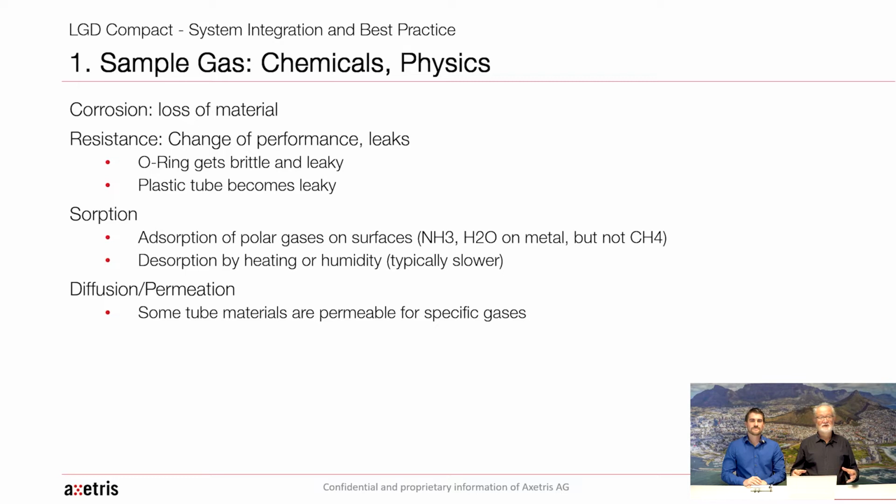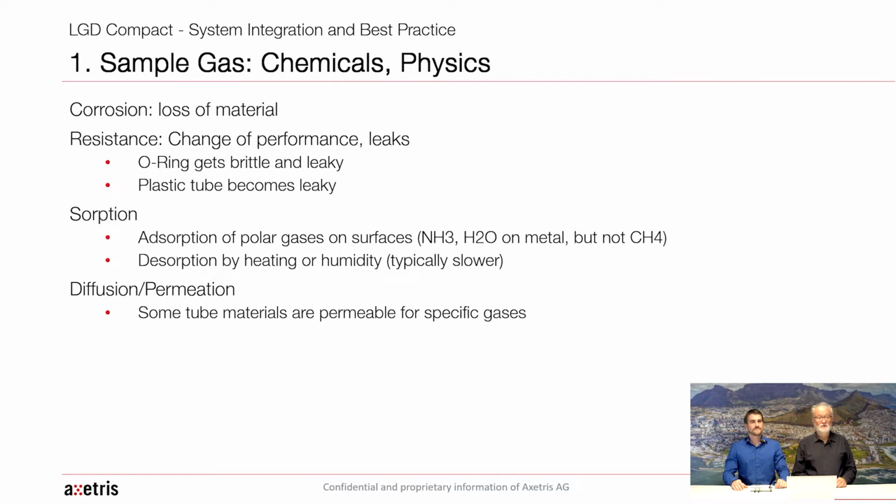Another one is chemical resistance, and there we talk more about polymers like O-rings. They get brittle or leaky because they absorb parts of the gas and get destroyed after a time. Also, plastic tubes can become leaky after a while when they are not resistant enough.